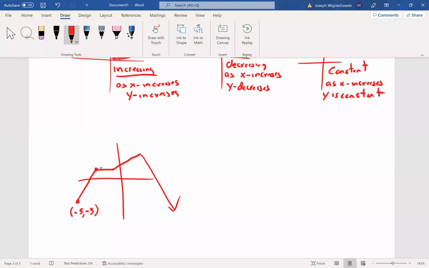Okay, so this point here is -3, 1. This point here is -1, 1. And this point here is 2, 3. So using interval notation, when is this increasing, decreasing, and constant?